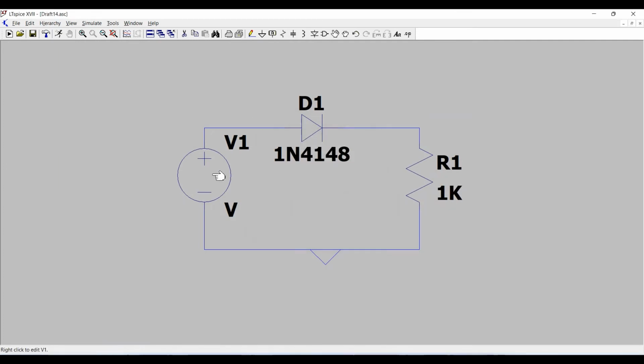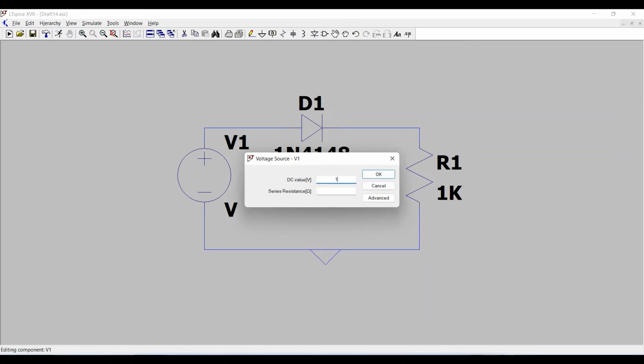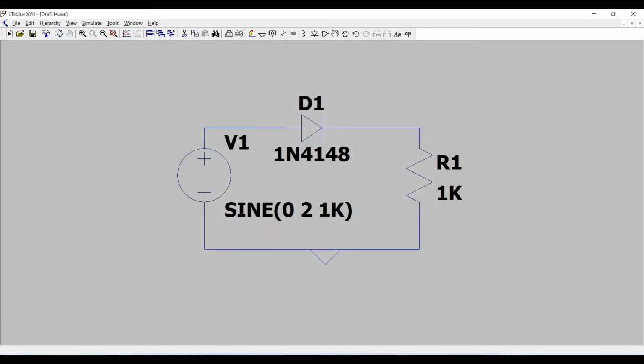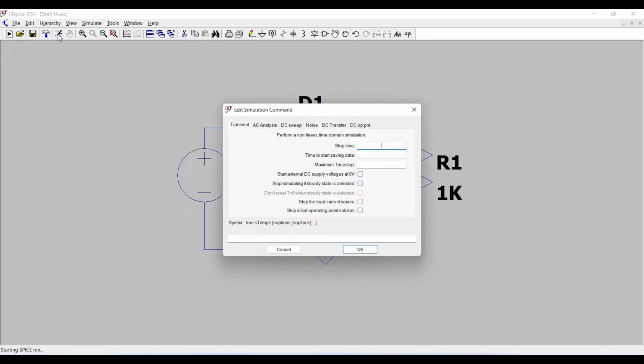and OK. Supply voltage I am giving as 10, or to be more advanced, we will give a sine wave. DC offset is 0, amplitude may be 2, frequency may be 1 kilohertz. Okay. Then we'll run it.